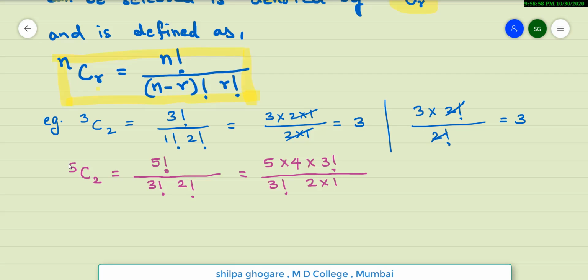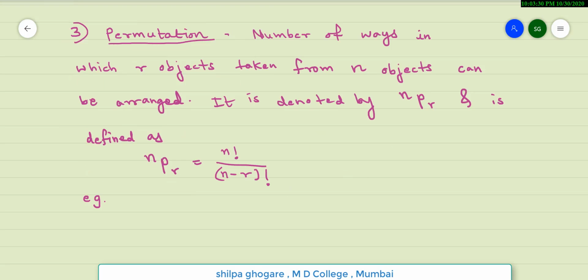Normally we don't write 2 into 1, we simply write it as 2 because anything multiplied by 1 gives you the same answer. Now here this 2 factorial gets cancelled, 3 factorial gets cancelled, and then reducing it, 2 1s are 2, 2 2s are 4. So 5 into 2, that is, the answer is 10.